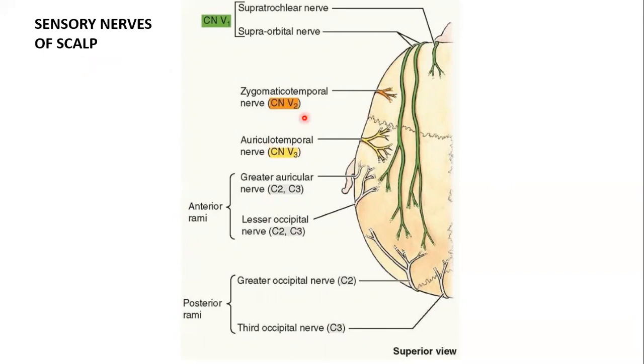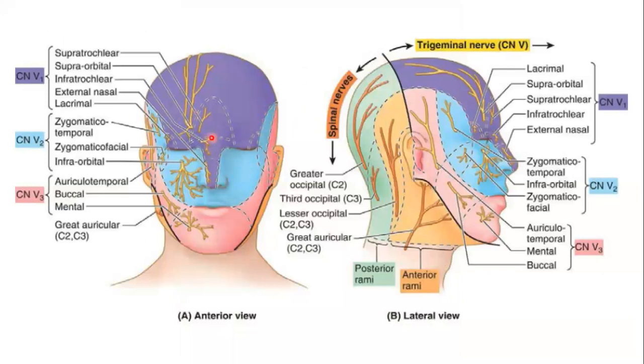And you also see these sensory nerves in this picture. This is the anterior view, this is the lateral view. This is just for academic interest. This is the supratrochlear and supraorbital branch, coming from the trigeminal nerve. Its first part is the ophthalmic nerve.